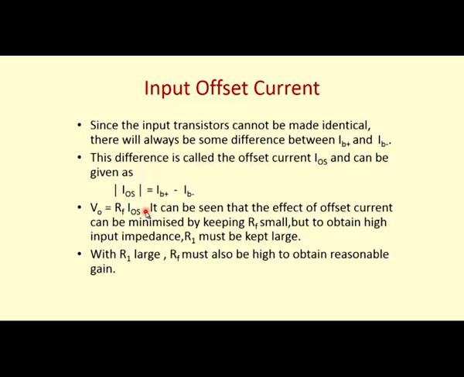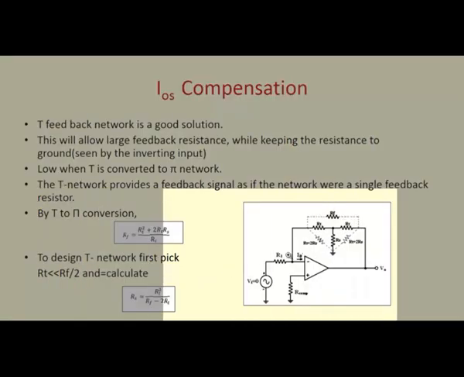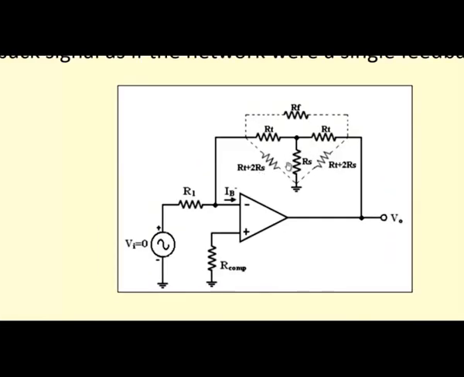So, we have nullified the effect produced by the bias current. Now we are again seeing an output voltage for the input voltage 0, and that is because of the input offset current. How can we reduce this input offset current? We can use a T feedback network. If you see the circuit diagram, in the feedback path we have used a T feedback network.